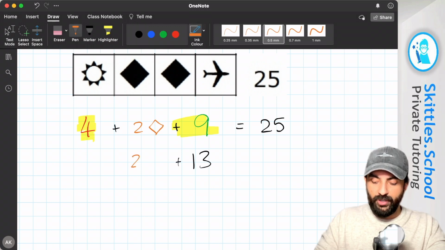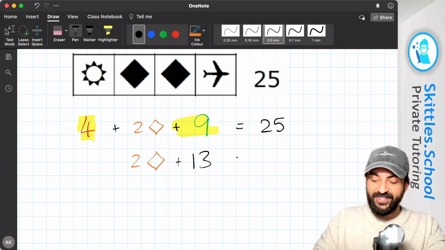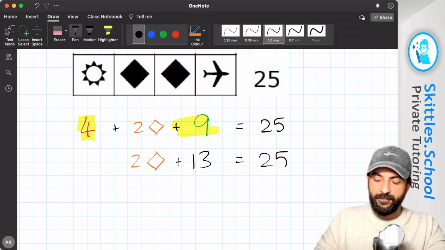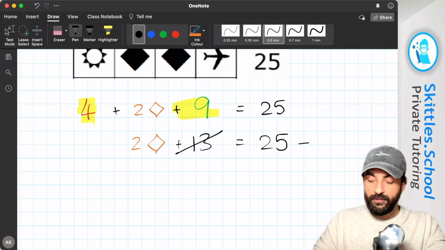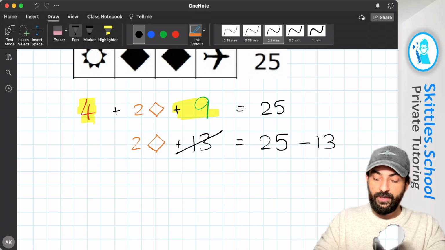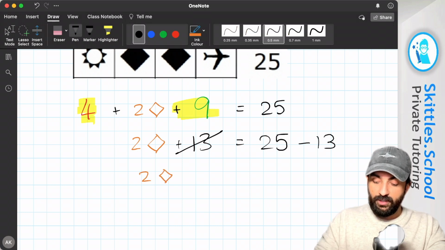And now we have 2 diamonds plus 13 is equal to 25. If we subtract the 13, we're left with 2 diamonds equals 25 subtract 13, which is 12.